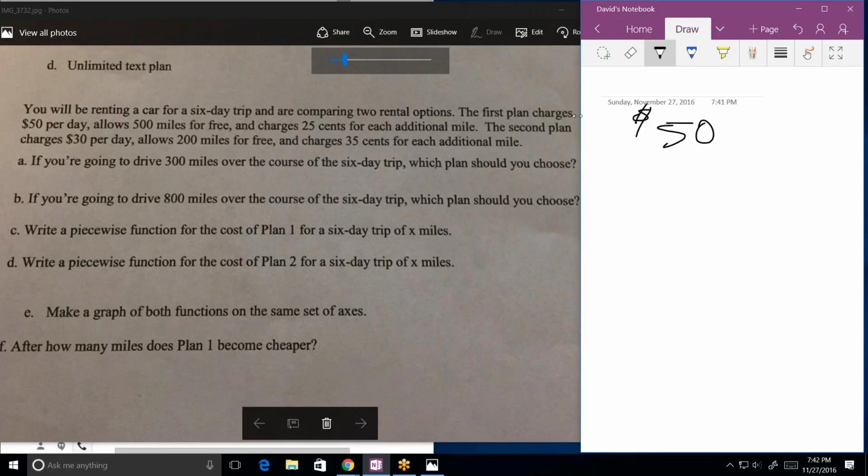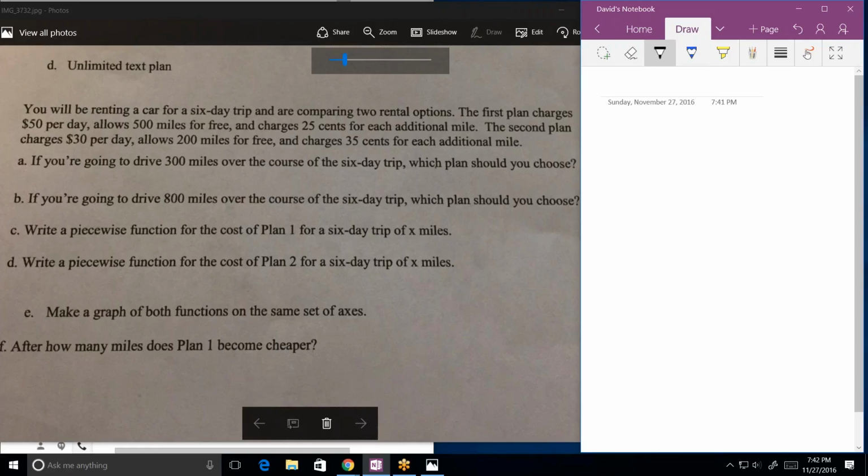Right. Okay. How about if you're going for 800? Hold on a second. We didn't quite do this right. On the course of a 6-day trip, it's $50 per day. Oh. Gotcha. Let's go back and look at plan A again.